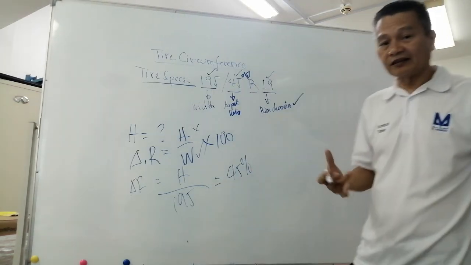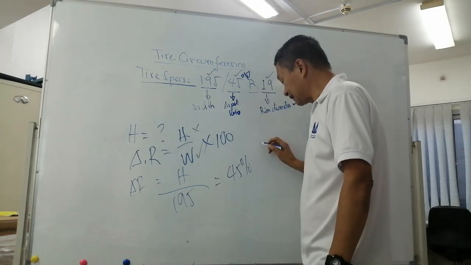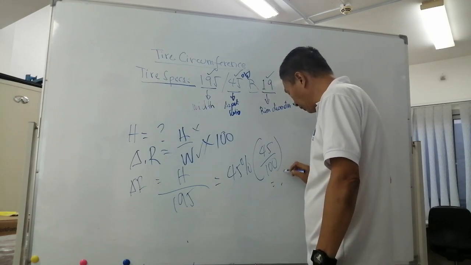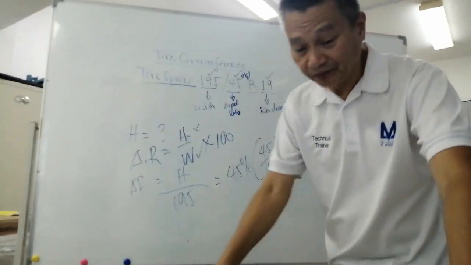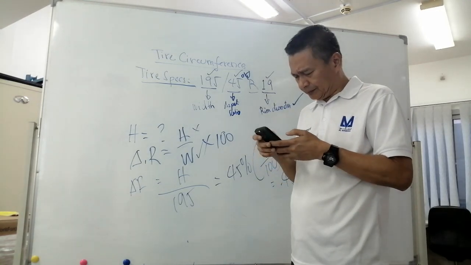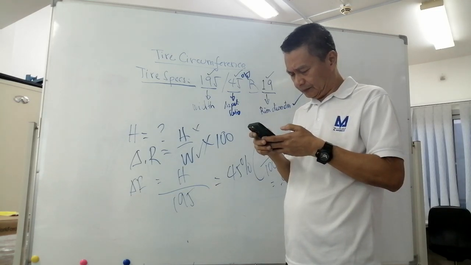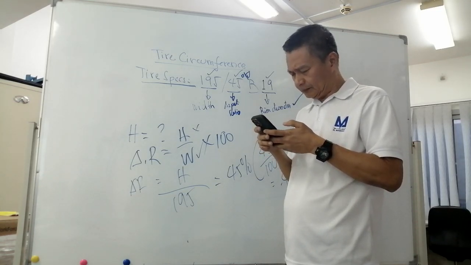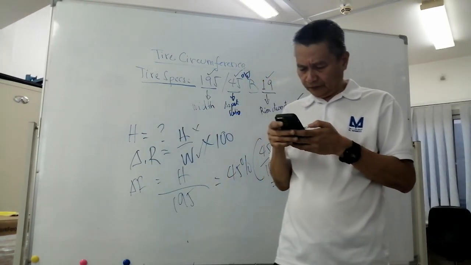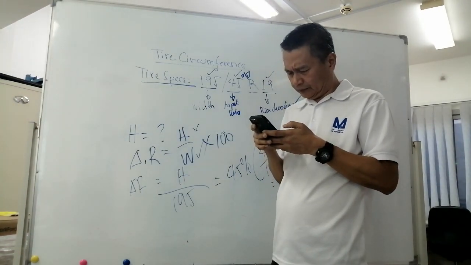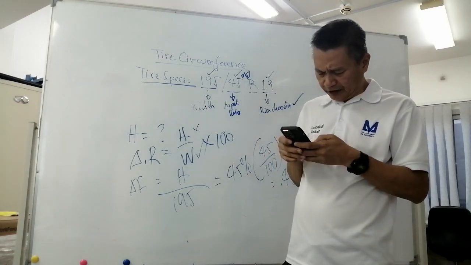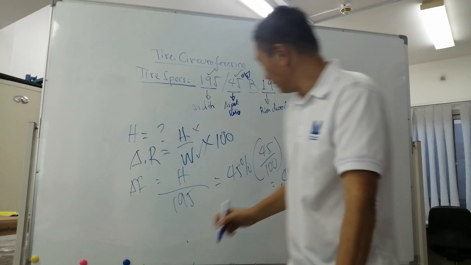How can we translate this? Just divide 45 by 100, and that will be 0.45.